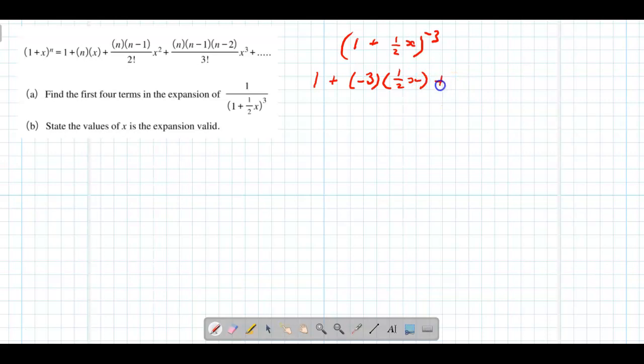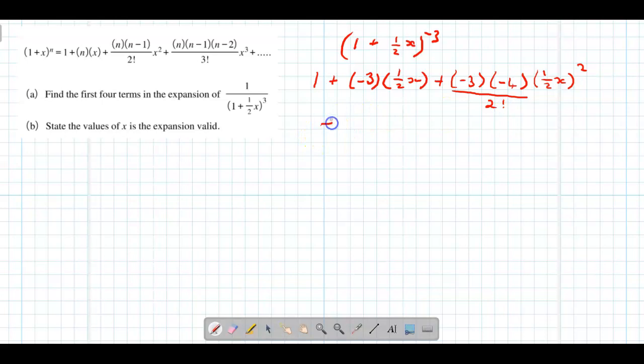The next term is n minus 1, so that's -3 and -4, so that's my n from there, and my -4 is n minus 1, and then I've got half of x, and I've got to square all of that, and all of that is over 2 factorial.